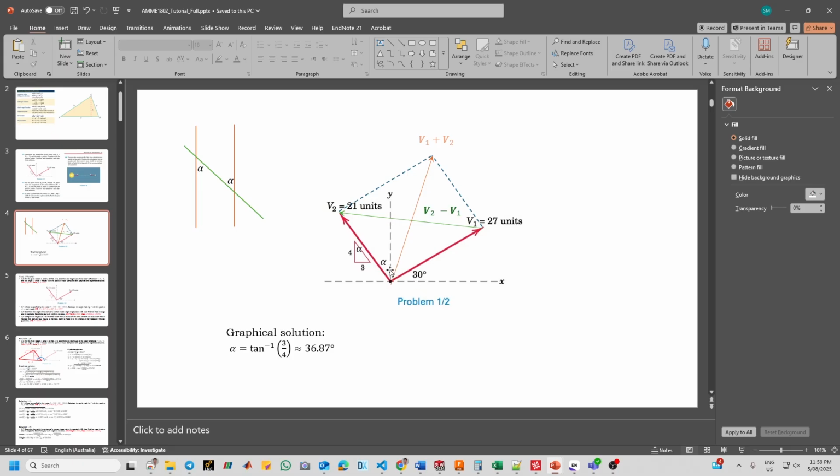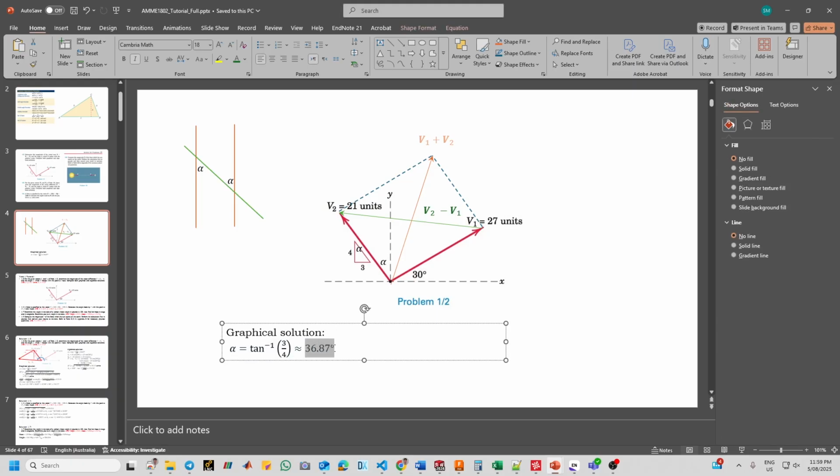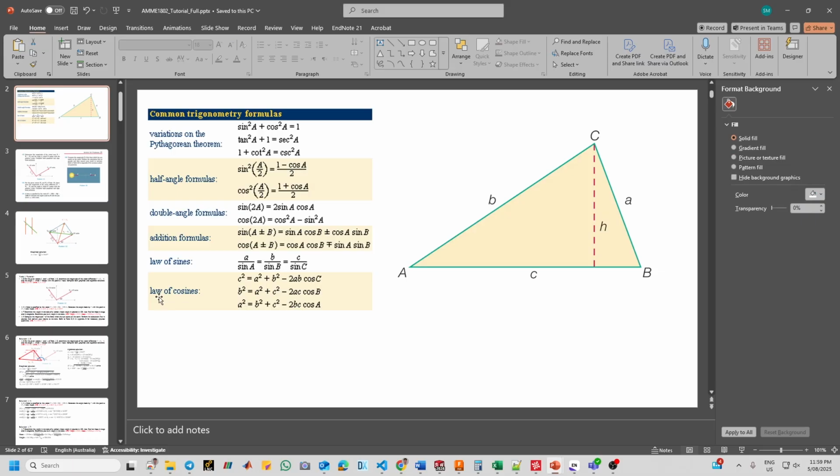This is 30, so this will be 60 degrees, and we have already obtained alpha, so 36.87 plus 60 will be the angle in between these two vectors. We also have the length of each vector, v1 and v2. Now we use the law of cosines. You need to memorize this.